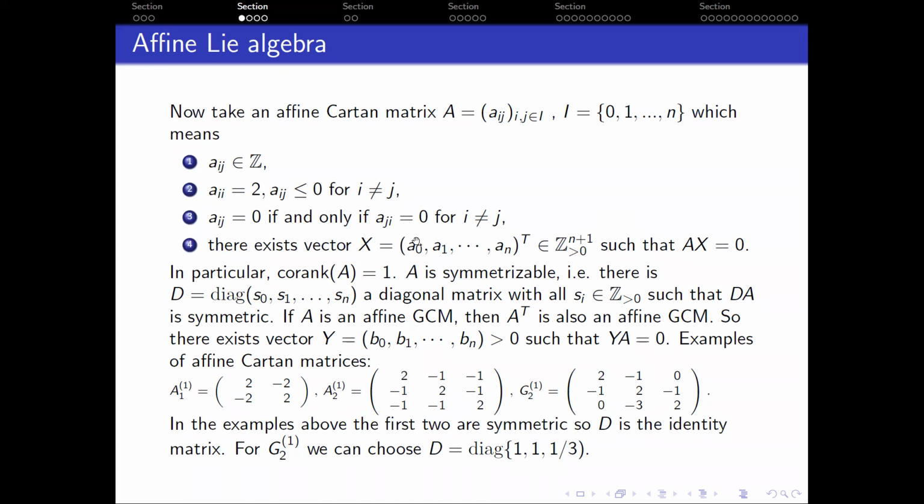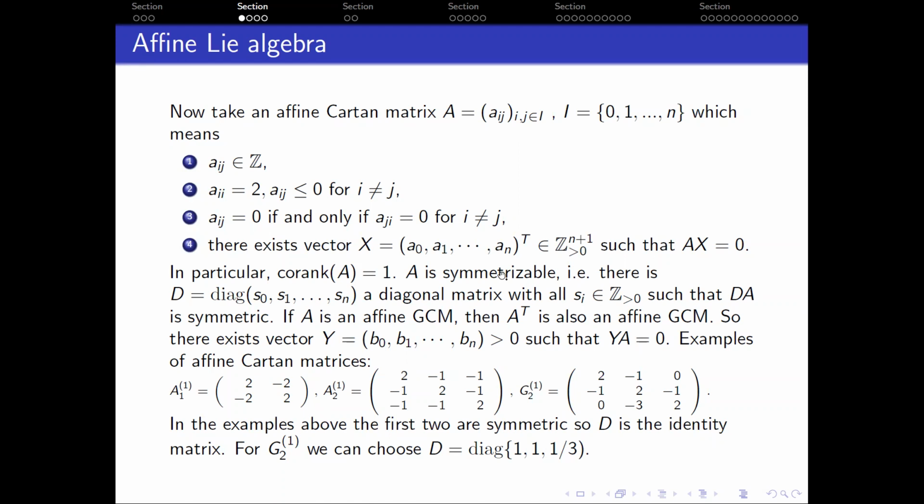Of course, this can be uniquely determined if I require the entries to be integers and the GCD of these integers is 1. Then this is uniquely determined. And that's what I denote by a0, a1 up to aN, so that Ax is 0. So the corank of an affine Cartan matrix is 1.